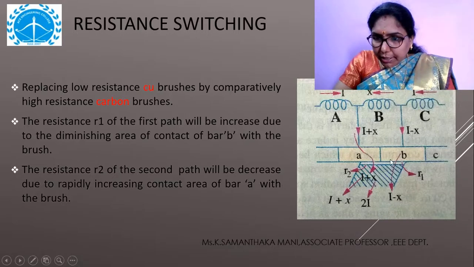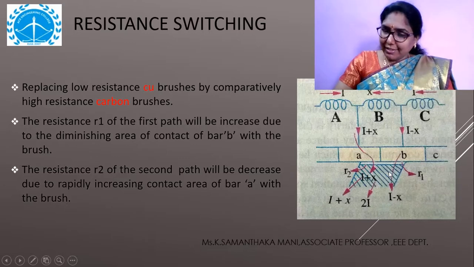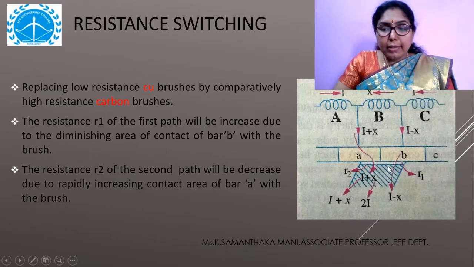As the cross-sectional area in contact with segment B decreases, since it is made of carbon, high resistance is offered by this small area. During this condition, the current required by the brush is diverted to the other coil, and only a little current flows through this one. The major current is diverted to segment A. That point we need to understand.